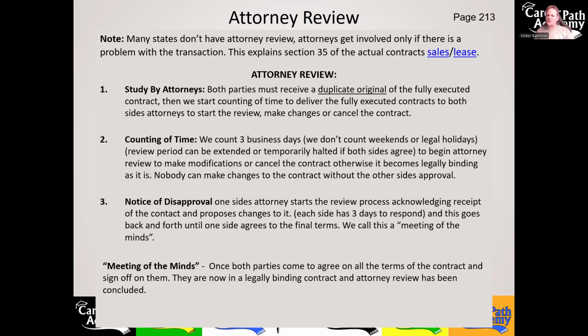So each side has 3 days to respond. And this goes back and forth until one side agrees to the final terms. We call this the meeting of the minds. Now, once both parties come to agree on the terms of the contract and sign off on them, they're now in a legally binding contract and attorney review has been concluded. That's the way that attorney review works. Okay, so.